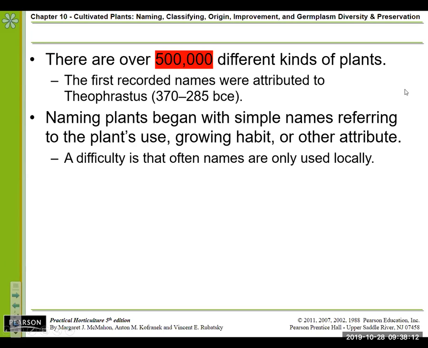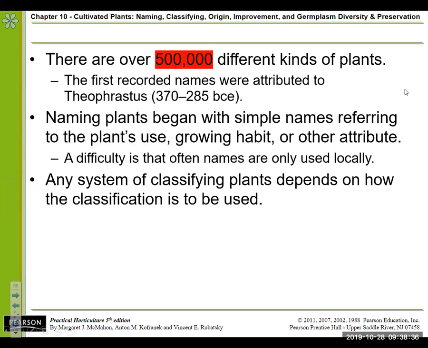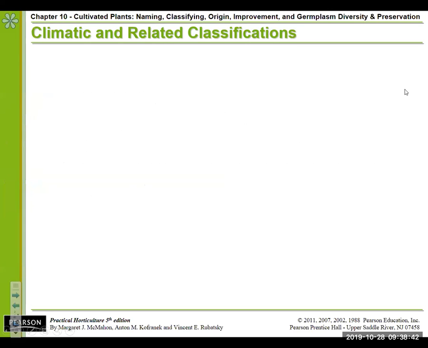Typically, we name any kind of organism based on how we use it, what its habit is, or some other attribute. The problem is that names based on characteristics can differ from place to place, so it might not be easy to categorize a species of plant. So we need to develop a system of classifying plants.